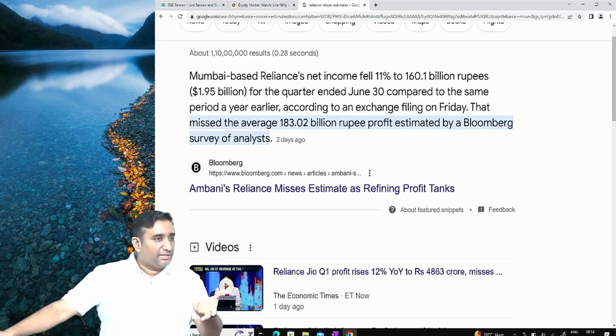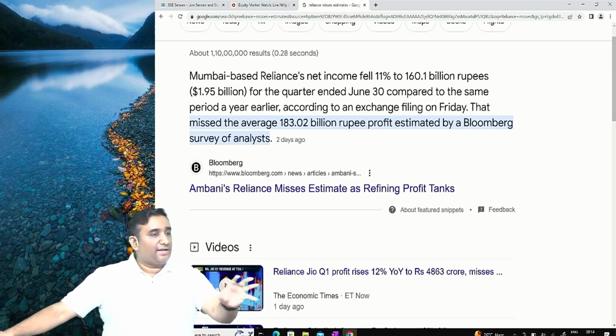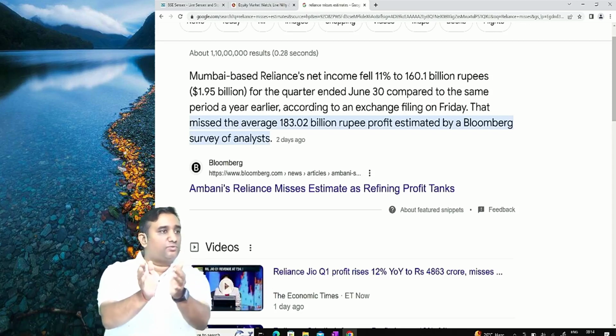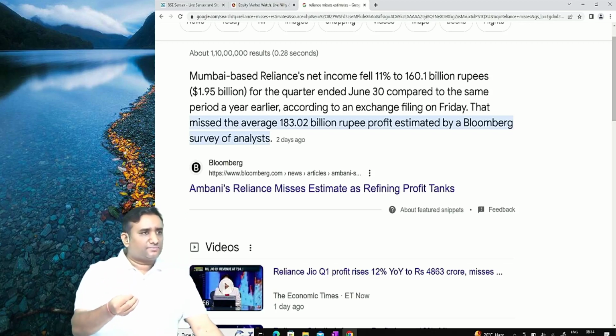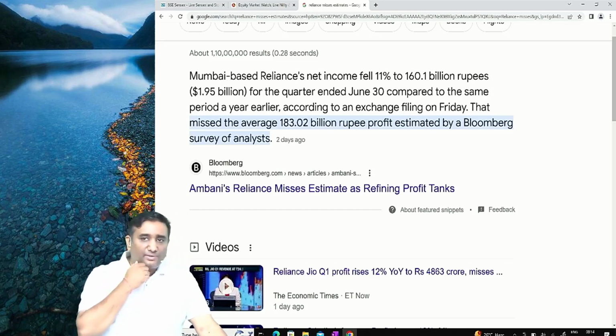Bloomberg is one of the agencies. Analysts are those who track. For example, you are an analyst, he's tracking, she's tracking, and as per you, this should have been a certain number, but the number has not come. That means whatever price was appearing on Friday, they estimated that these numbers should come. For example, you go for the exam and I ask you how much will you score. You said, sir, 85 I'll score.